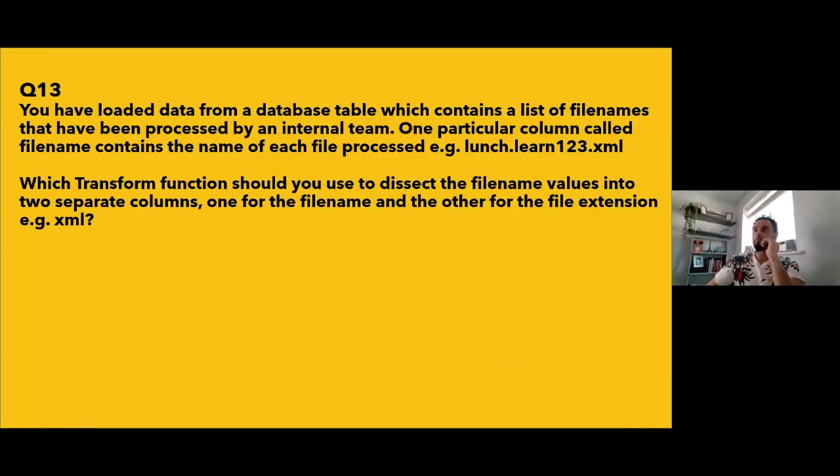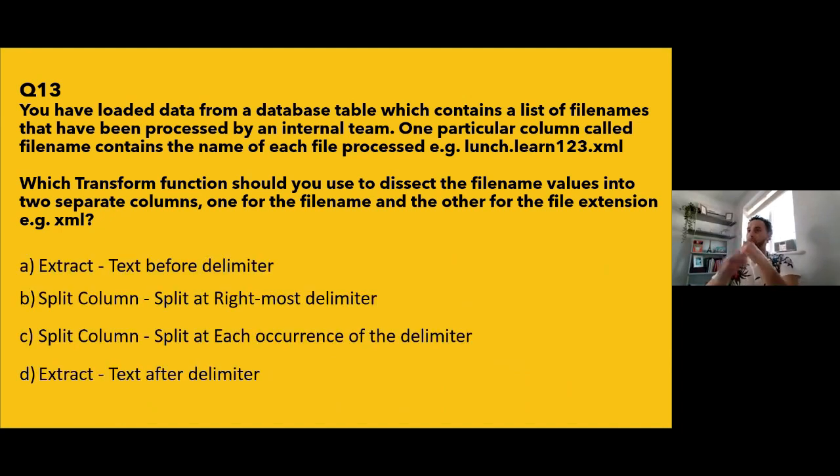Question 13. You have loaded data from a database table. Which transform function would you use to separate it into a separate column? The answer here is B. You would split it at the rightmost delimiter before the XML, and that would split it out into another column.